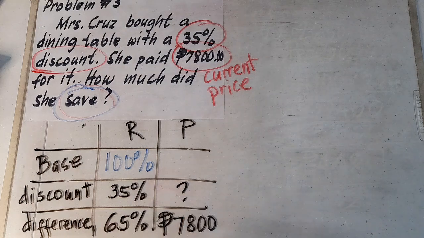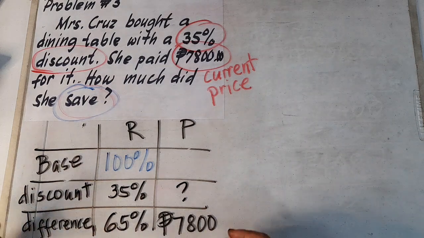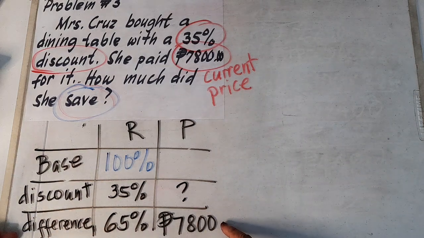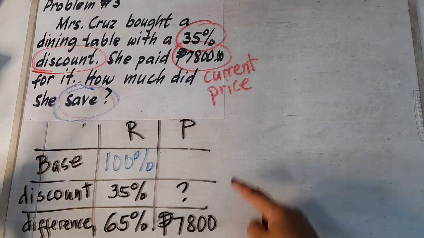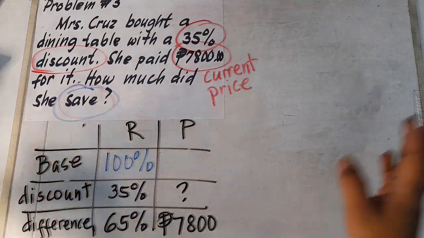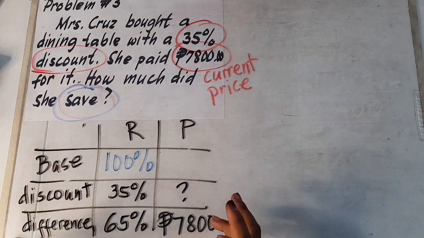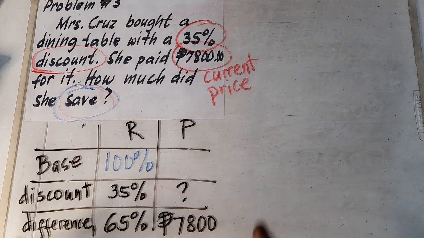Okay? Now, as I said, this is a two-step problem. Usually, ang gagawin ninyo dyan, you make use of the current price or the selling price and the base. Tapos, saka kayo magsasubtract. Now, since this is a direct proportion problem, isosolve natin ito using direct proportion and finding the missing terms.